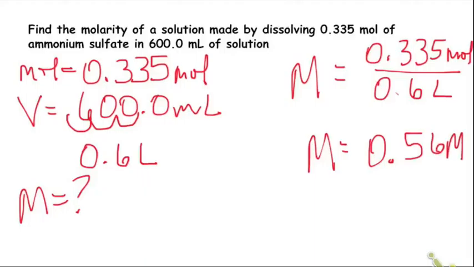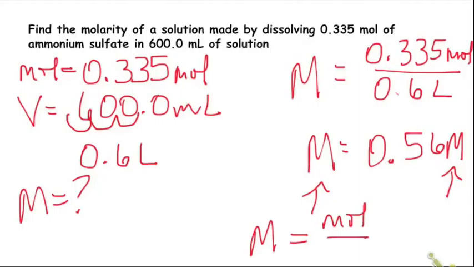And yes, the capital M is both the variable and the unit. Just remember that capital M as a unit is also equal to moles over liter. And so that's going to be important if we ever need to use it in dimensional analysis.